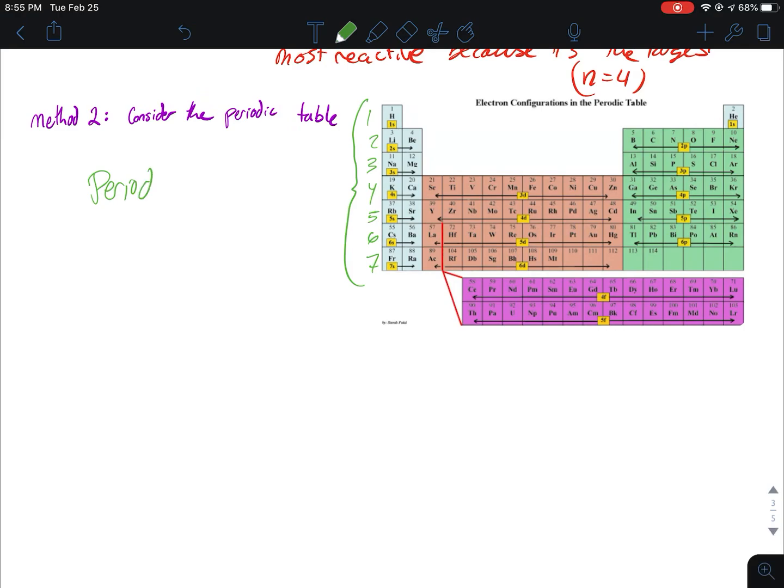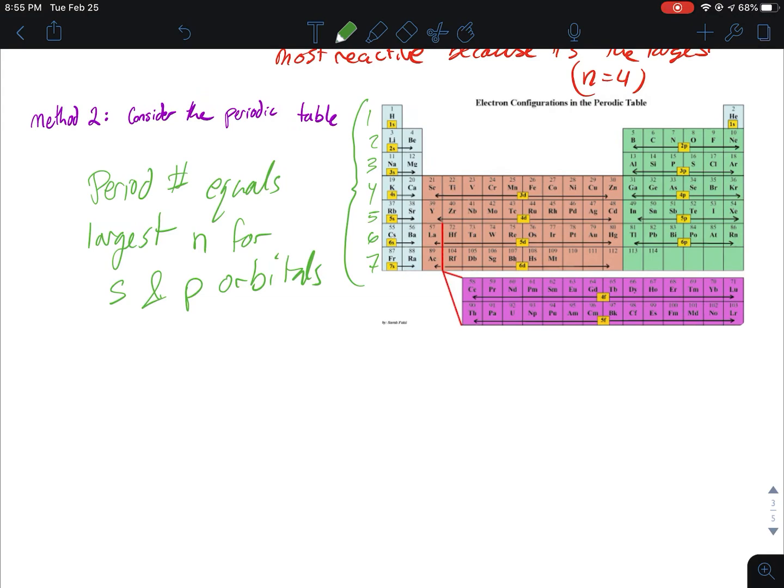So period number equals the largest n for s and p orbitals.